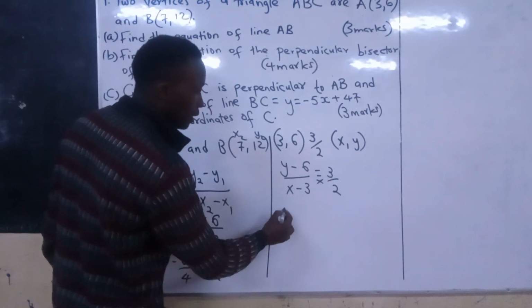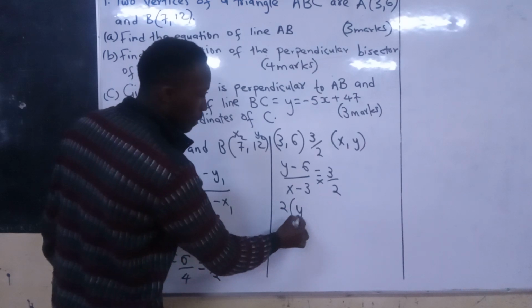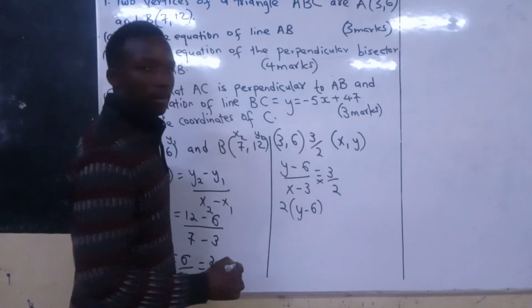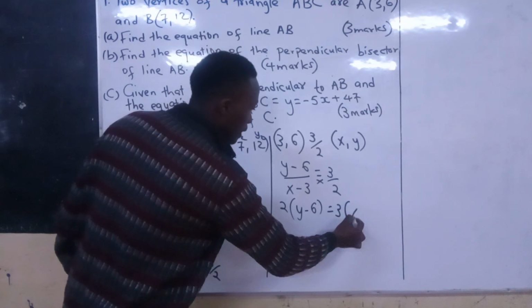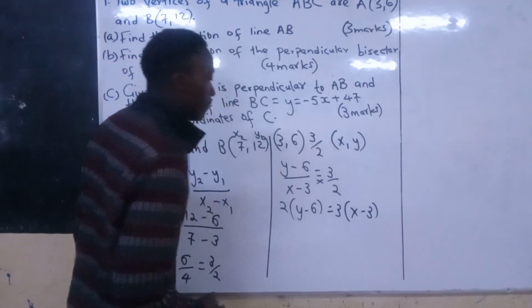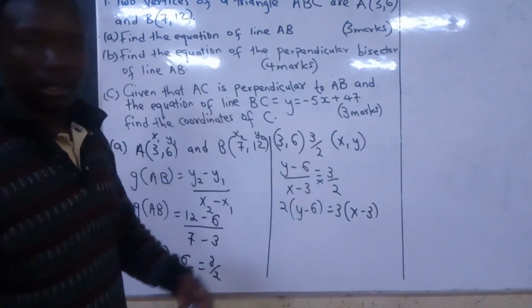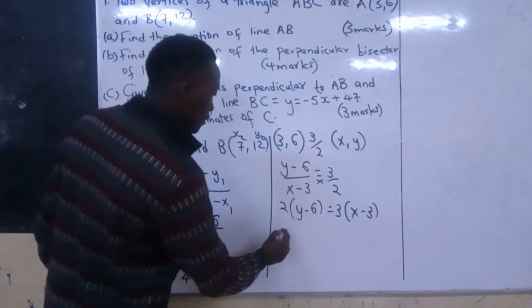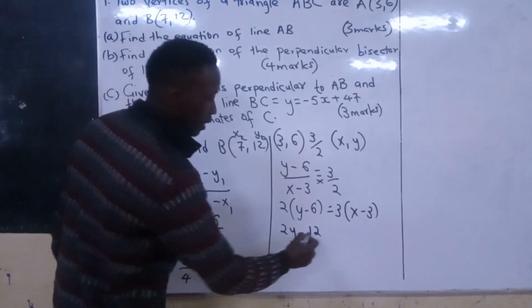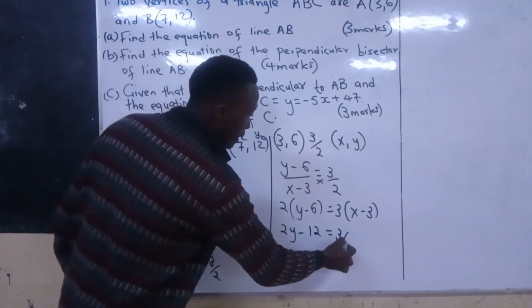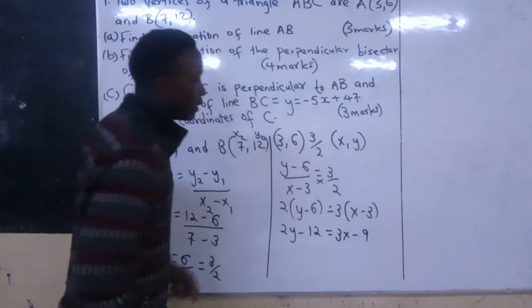We get 2(y minus 6) equal to 3(x minus 3). By cross multiplying, we get 2y minus 12 equal to 3x minus 9.